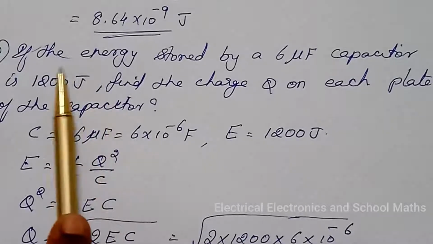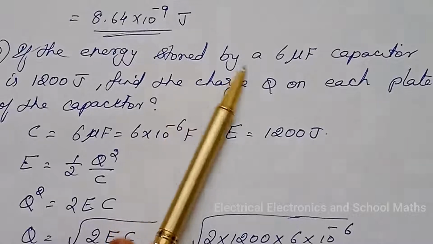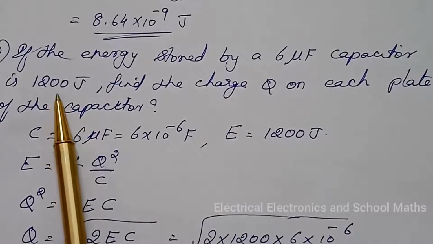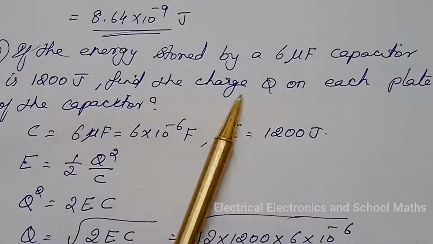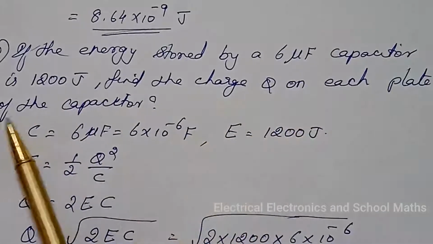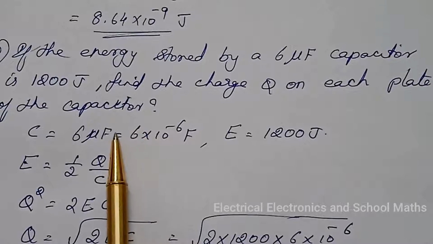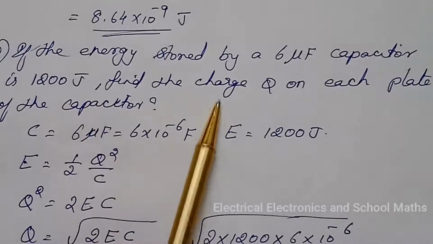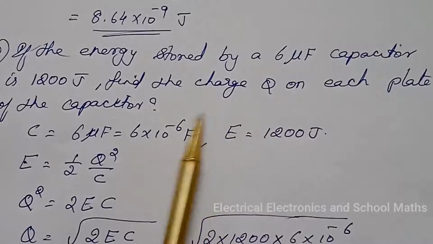Next question, if the energy stored by a 6 microfarad capacitor is 1200 joule, find the charge Q on each plate of the capacitor. So here the energy is given and we have to find the charge.